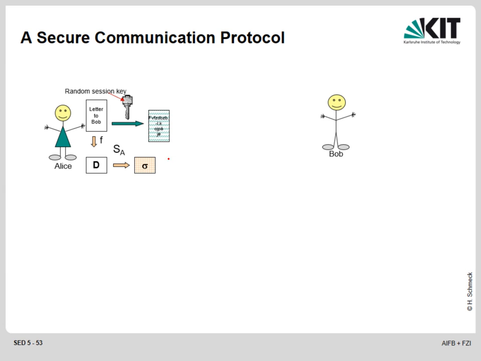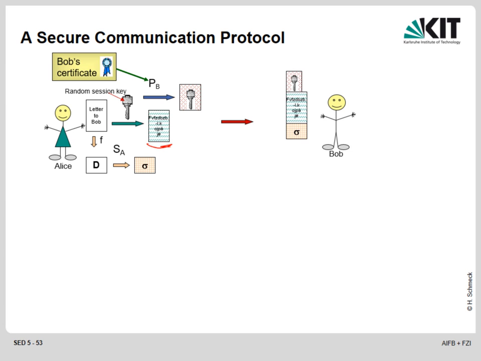Then you have the encrypted message, and then you take Bob's certificate, extract the public key from Bob's certificate, use Bob's public key to encrypt the session key, and then those three documents, the encrypted session key, the encrypted document, and the digital signature of the document, are all three sent to Bob.